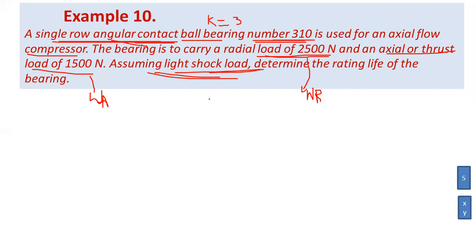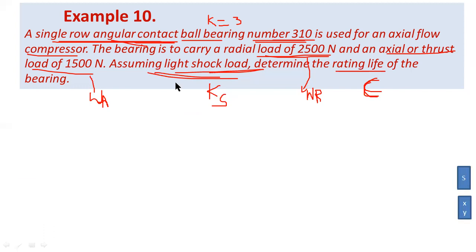This value is KS. You have to find the value of KS, the service factor, from the data handbook for light shock loads, and also determine the rating life, that is the value of C.